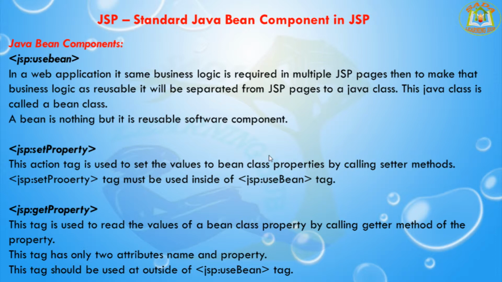The first is that it must be a public class and must contain a public zero-argument constructor, and it doesn't extend or implement any other Java related technology or framework. Coming to the POJO class, it is also a Java class, but it should follow only one principle: it doesn't bind to any technology or framework.